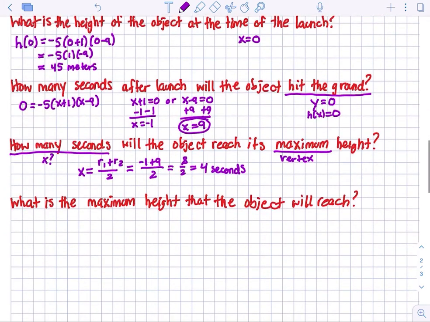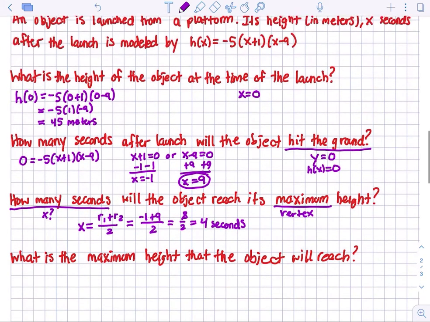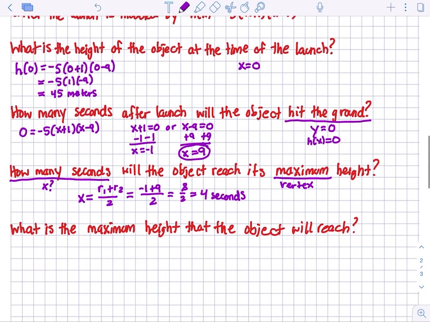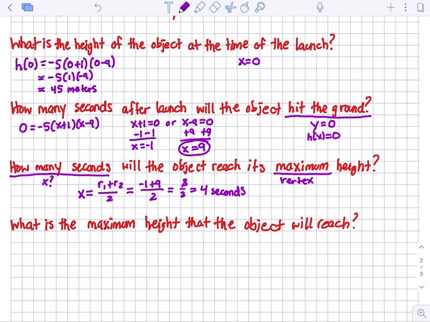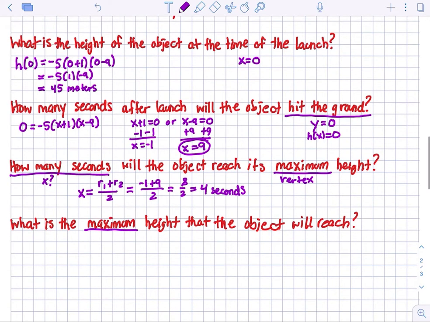And then the last step, you guys, is what is the maximum height that the object will reach? Well, in order to get the maximum height, we need to find our vertex and then plug it into the original to get your y value. So we're going to use our original equation, but we're going to substitute our x value of 4 into the original to get our y value of the vertex.